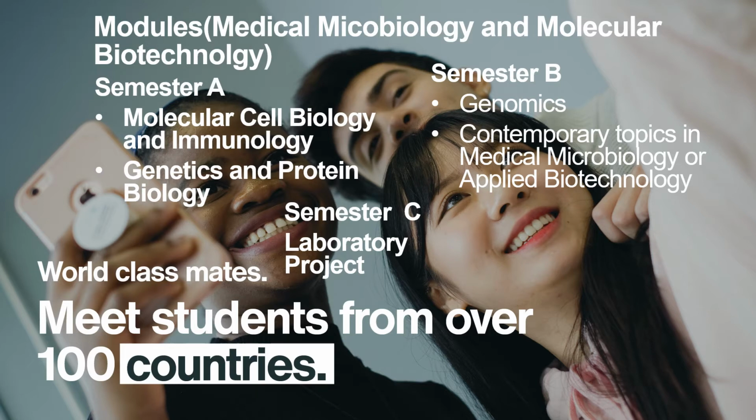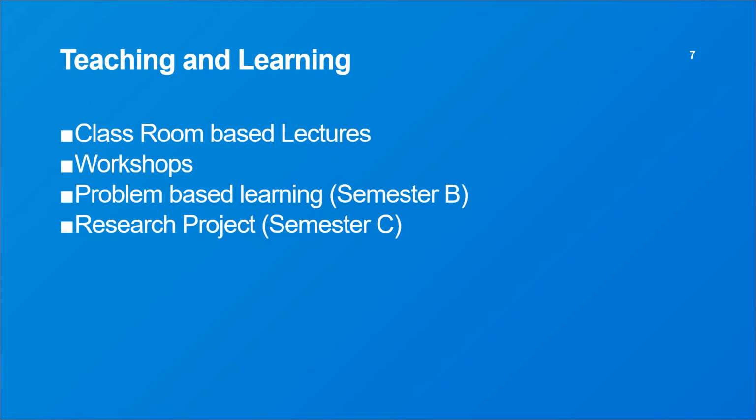So how do we teach and how do we assess and how do we support the students while they are studying these programs? For semester A modules, we have our conventional classroom based lectures. So the students are taught in the classrooms and then they carry out various assignments and assessments.